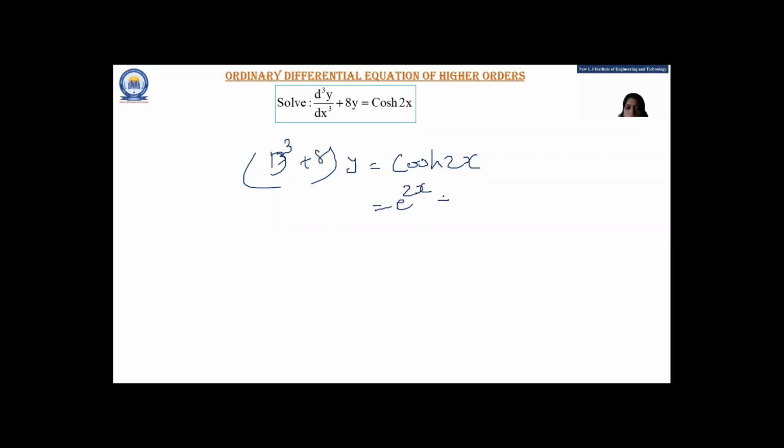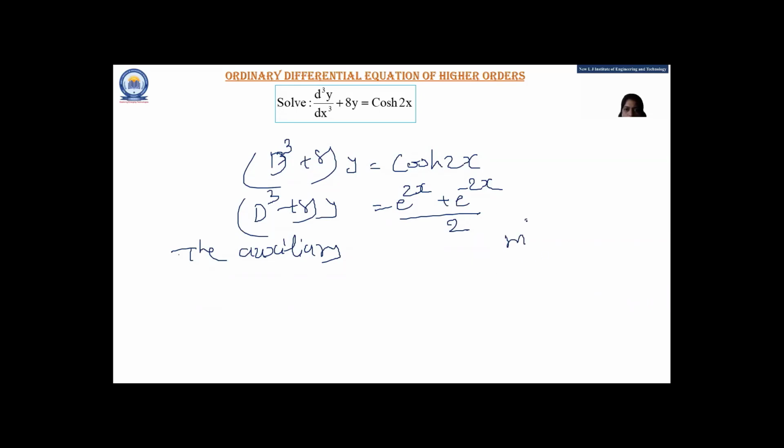E raised to 2x plus e raised to minus 2x whole by 2. And this is d cube plus 8 into y, right? So for the CF, for the complementary function, the auxiliary equation is m cube plus 8 equal to 0.